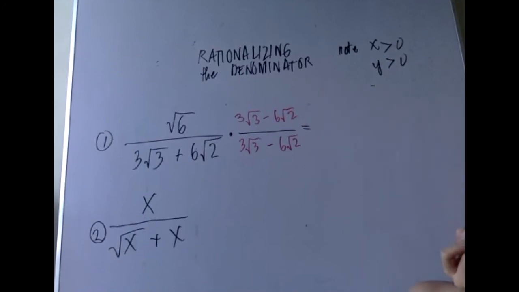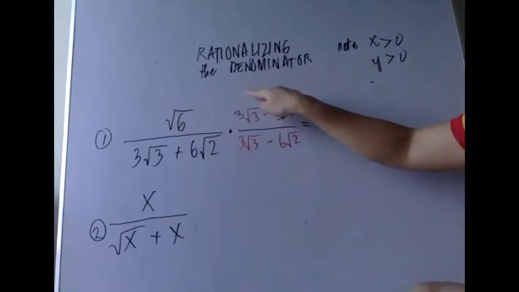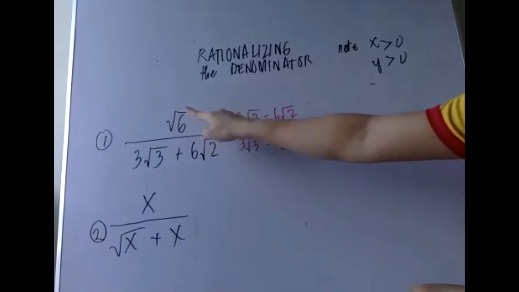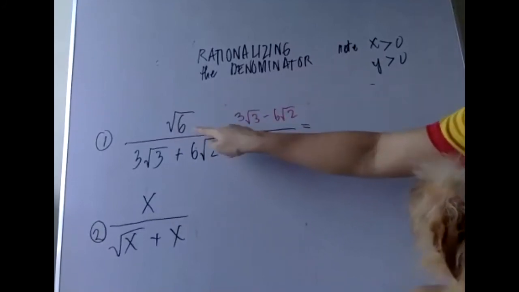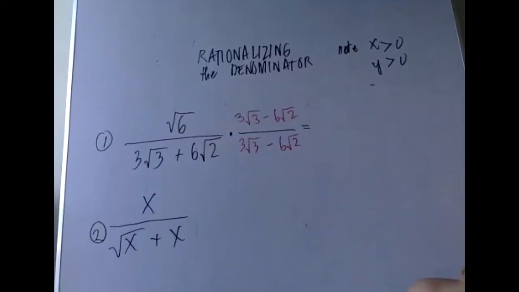Okay? So, sa taas muna, distribute lang natin. Okay? Pareho sila ng index. So, ibig sabihin, pwede na i-multiply mo lang yung loob niya. Okay?